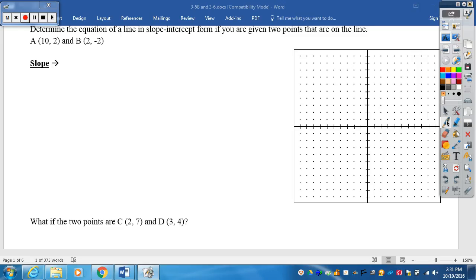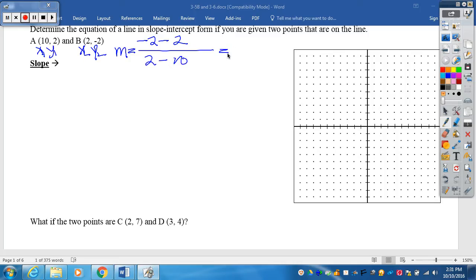So if I go ahead and do my slope formula, I'll go ahead and do x sub 1, y sub 1, and x sub 2, and y sub 2. Okay, sorry for the sloppiness there. All right, so if I plug that into my slope formula, the slope is going to be y sub 2 minus y sub 1 over x sub 2 minus x sub 1.